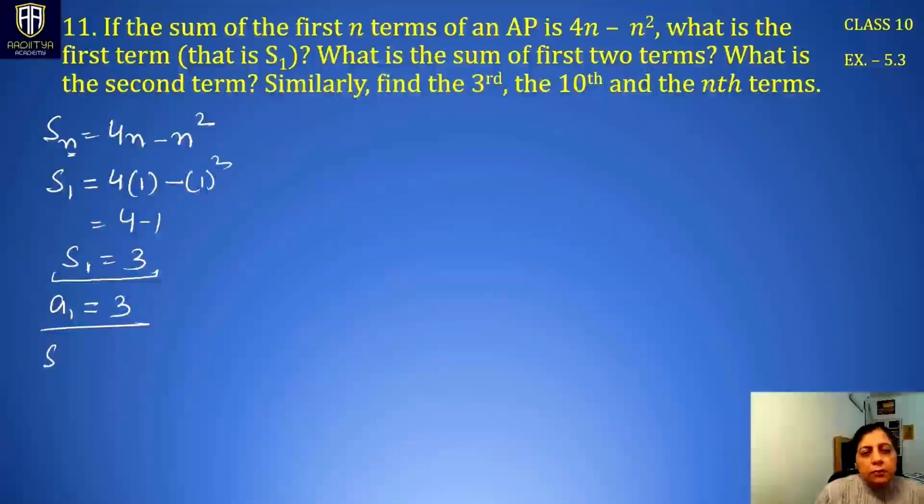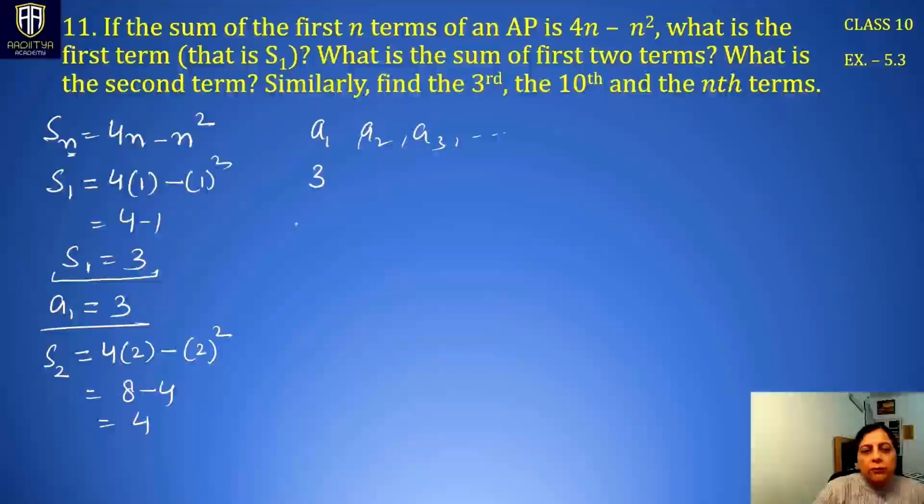Now to find the sum of two terms, I am replacing n by 2. In that case, 4 multiplied by 2 minus 2 square. 8 minus 4. That is 4. Now this is for the sequence A1, A2, A3 and so on. A1 is 3, so I am replacing A1 by 3.